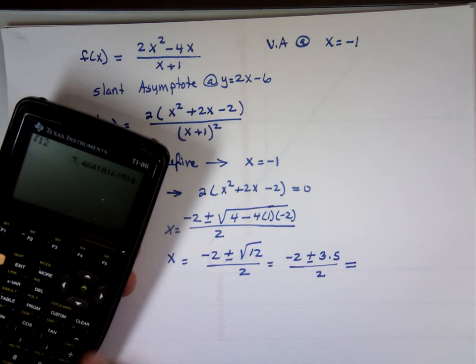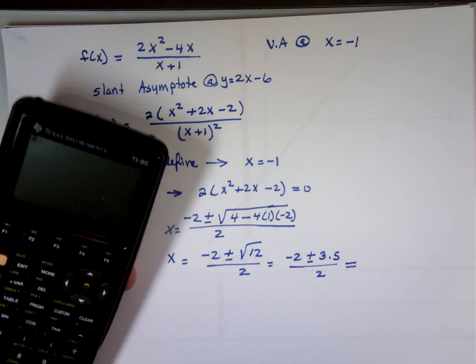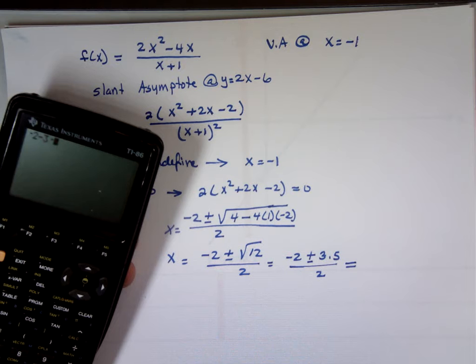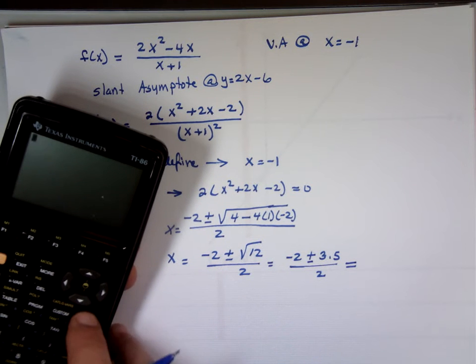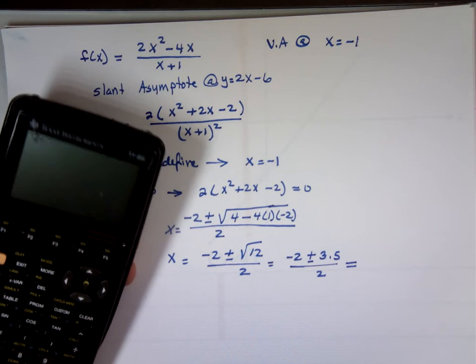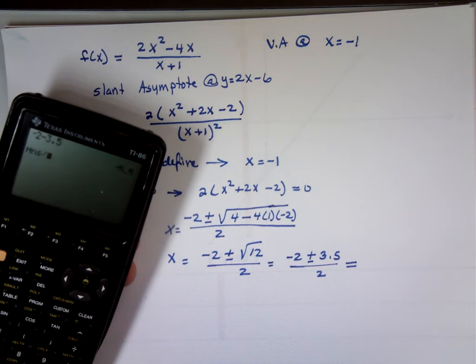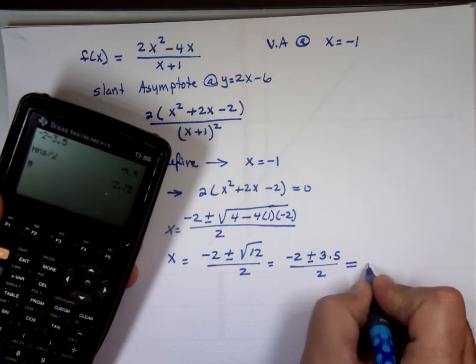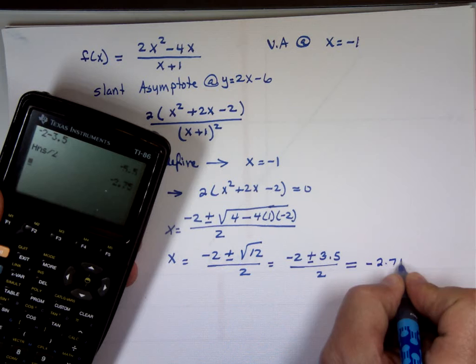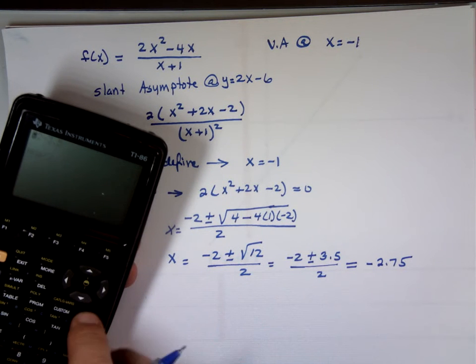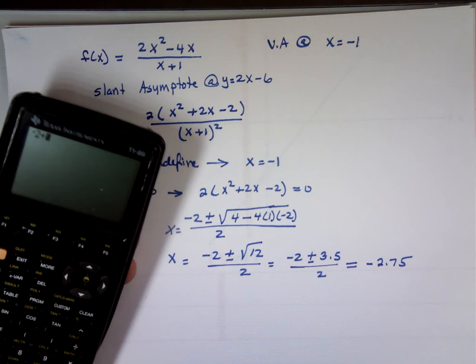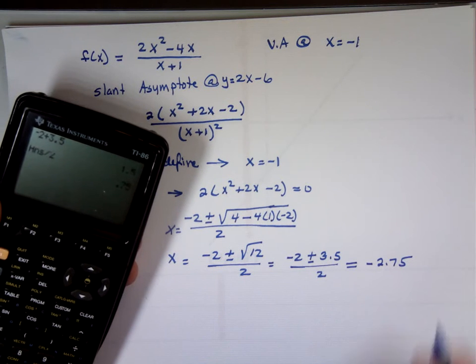One of them, negative 2 minus 3.5 divided by 2, negative 2.75. And the other one is negative 2 plus 3.5 divided by 2, which is 0.75.